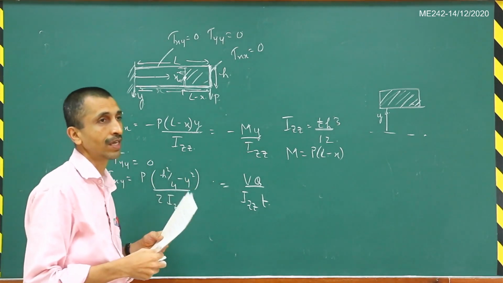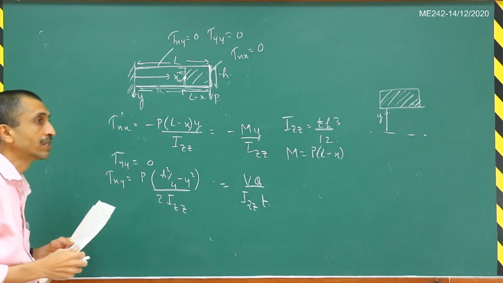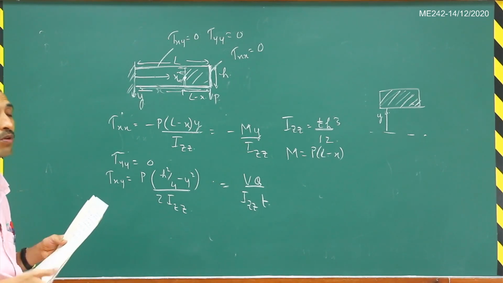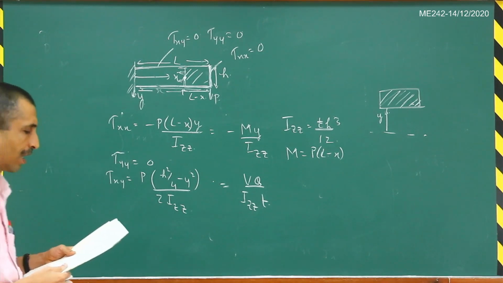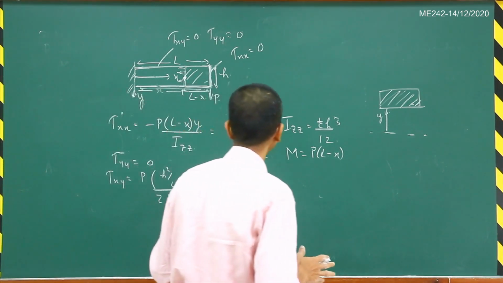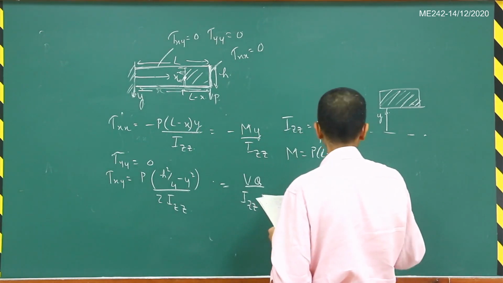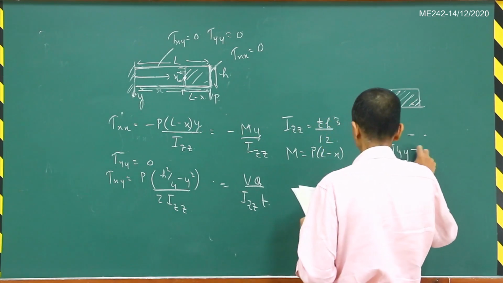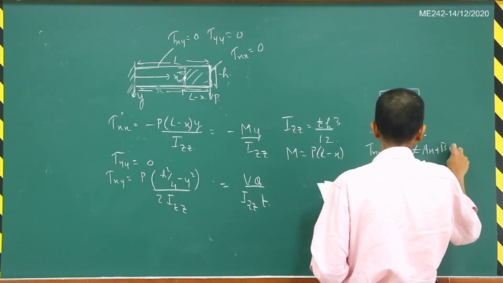So even when at a later stage we will do torsion of circular cylinders, you will see that even there the strength of material solution is a very, very good approximation to the exact solution. Here, the only problem with this solution is that your tau xx plus tau yy is not of the form ax plus by plus c.